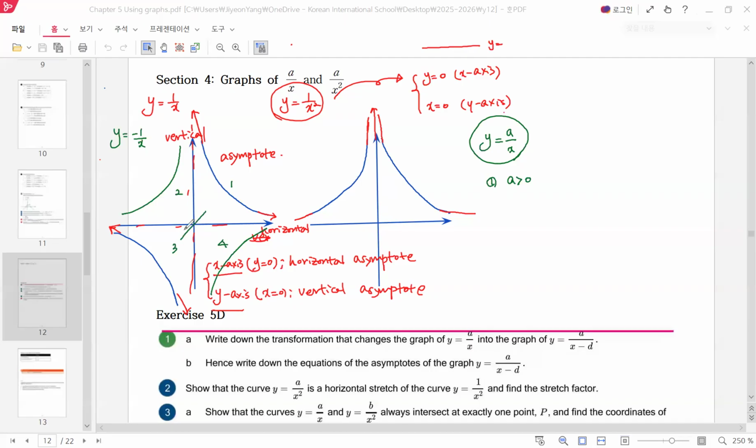The blue lines. If a is negative, the graph looks like this way, second and the fourth quadrant. And both of them have two asymptotes, whose equations are y equals 0 and x equals 0.